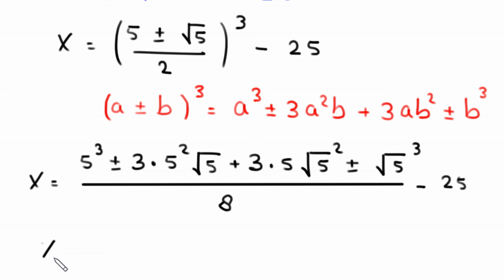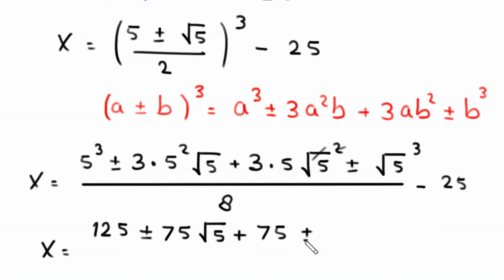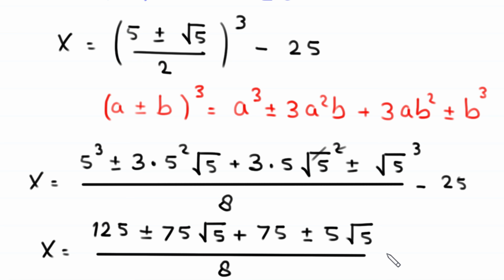Further simplify, this will become x is equal to 5 cubed is 125. 5 squared is 25, 25 times 3 is 75, plus minus 75 times root 5 plus 3 times 5, 15, 15 times this 5 is 75, plus minus this root 5 cubed will become 5 times root 5, divided by 8 minus 25.